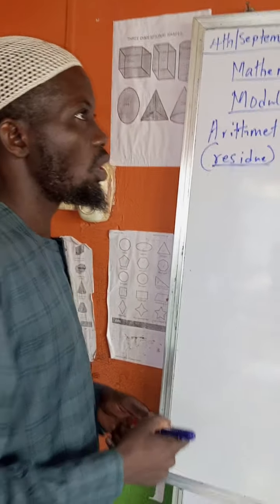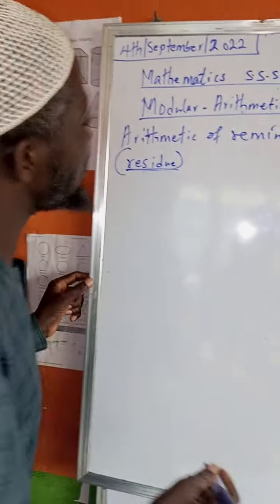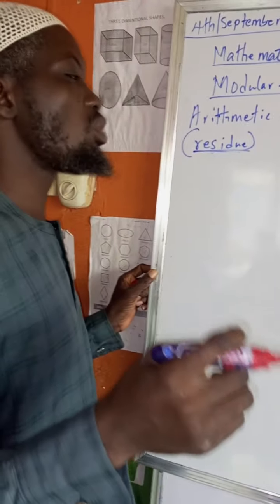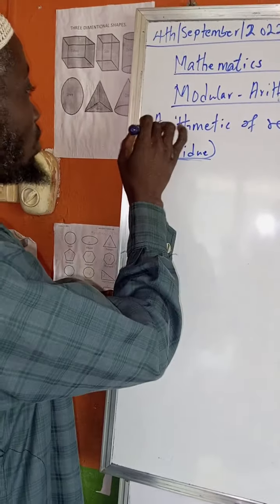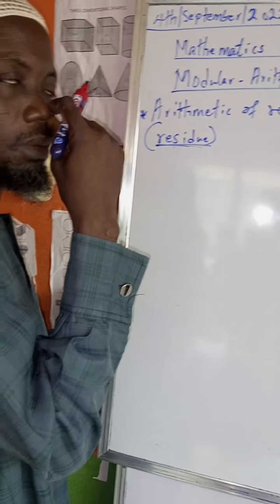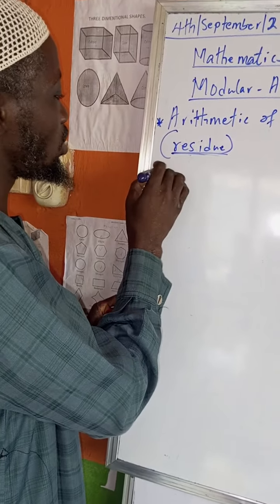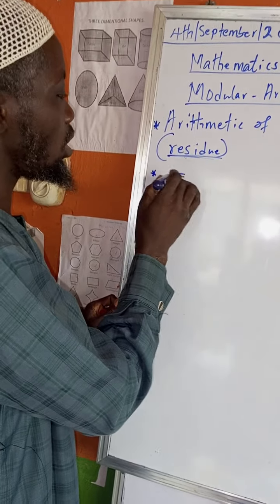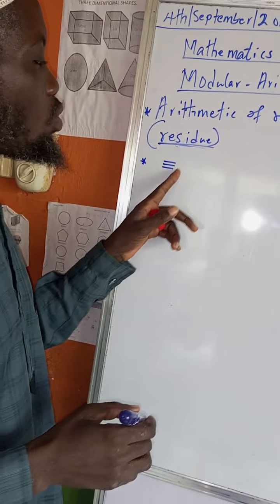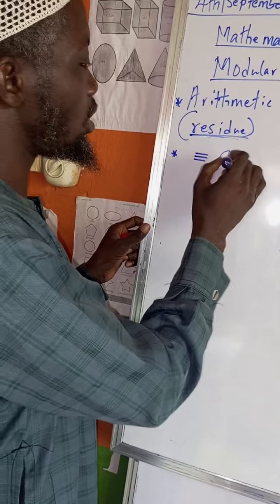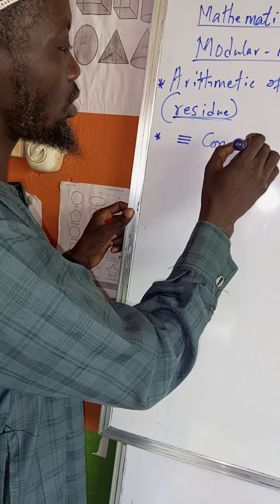And under modular arithmetic, we make use of some symbols. One of the symbols that we make use of looks like an equal sign with three lines. That one is called congruence.